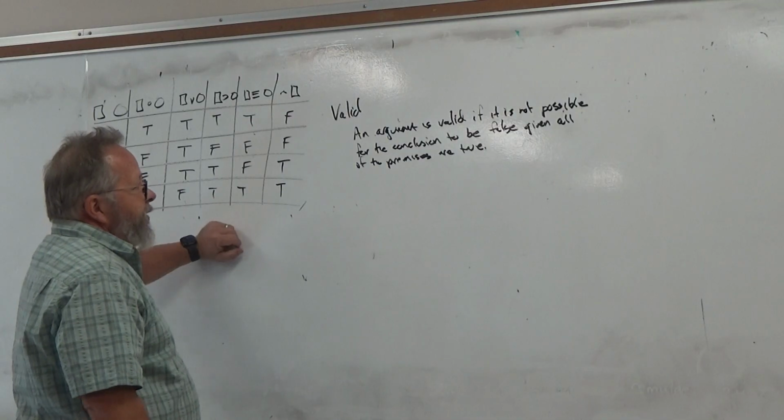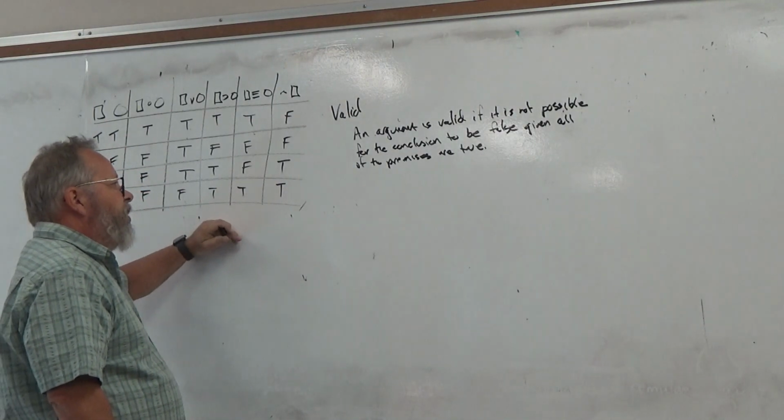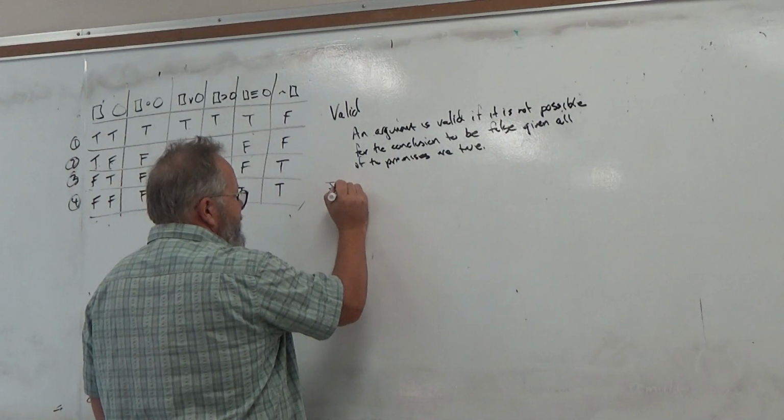The argument is valid if it is not possible for the conclusion to be false given all the premises are true, and invalid.